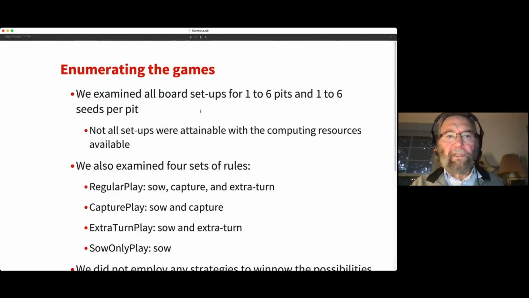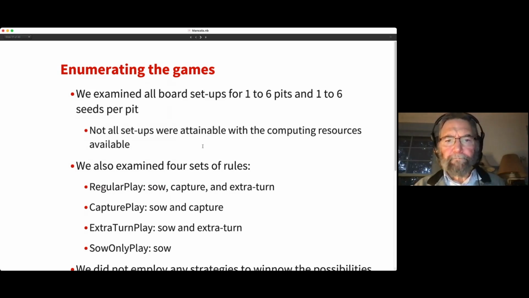Okay, so we enumerated lots of different games. I tried to look at different board setups from 1 to 6 pits with 1 to 6 seeds in them. I was not able to compute all of them because of limited computing resources, essentially being memory bound, being able to store all of those edges in memory before I had finished traversing the game graph.